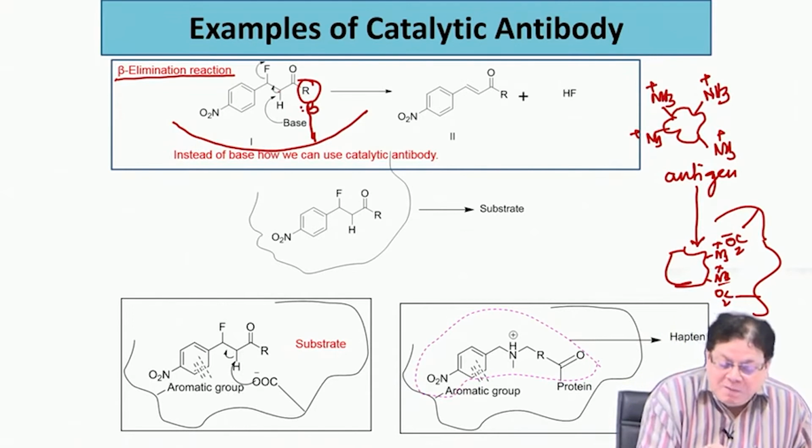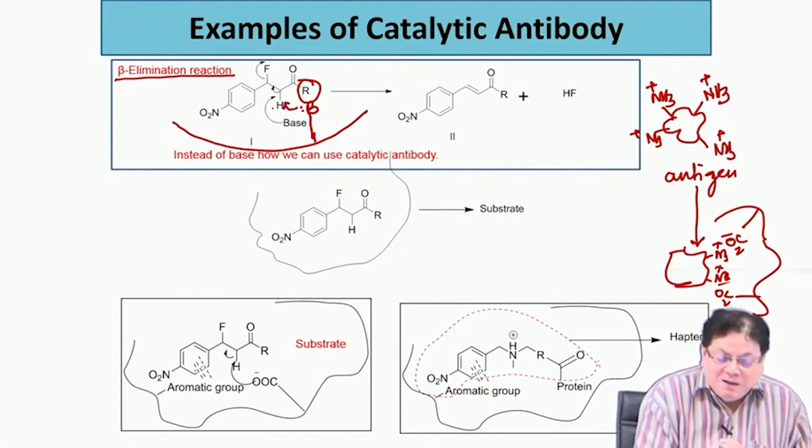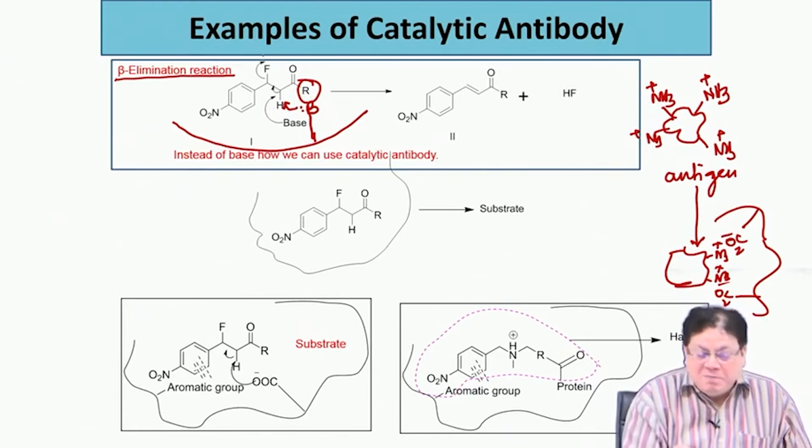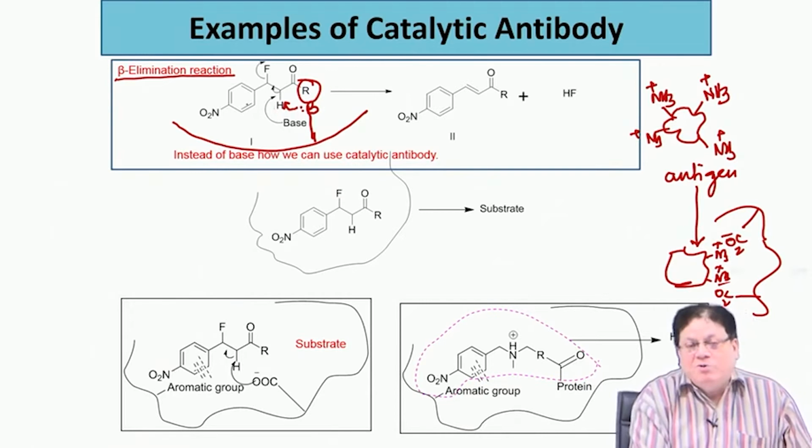If the protein has a base generated here by manipulation, then the same reaction will take place, because what you need is a base in close proximity with the hydrogen.